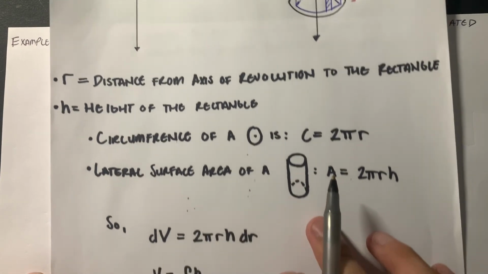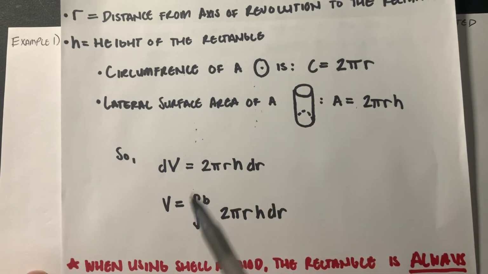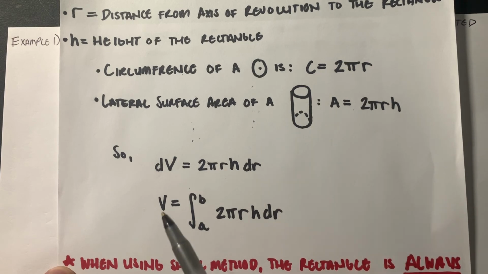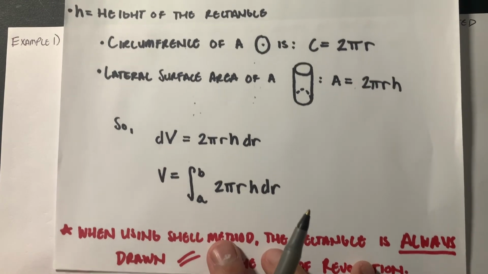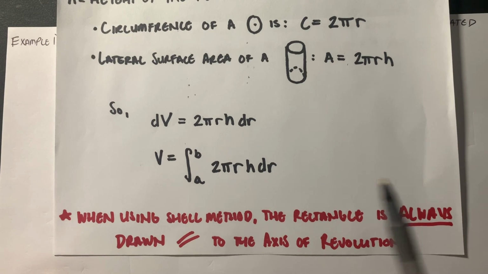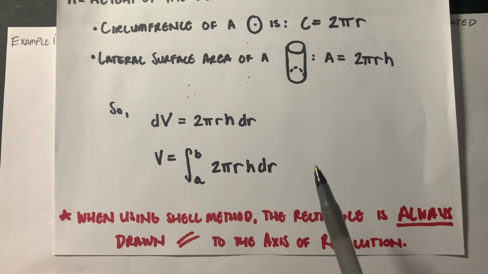With these formulas in mind, there's a formula to calculate the volume based off these two equations: V equals the integral from a to b of 2 pi r h dr. Something very important to note when utilizing the shell method is that the rectangle that is drawn is always drawn parallel to the axis of revolution. If we were to draw a perpendicular shape, that would actually be the disk/washer method.